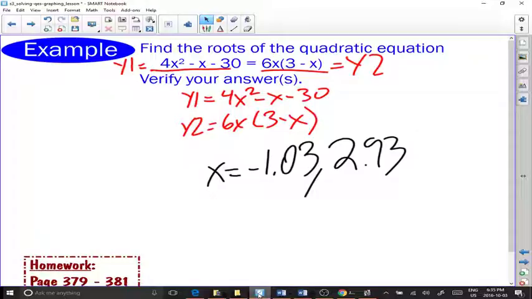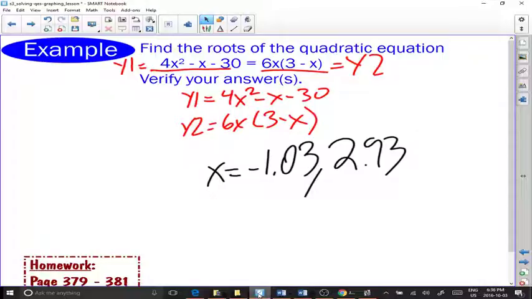Now, what does it mean when it says to verify your answers? How do we verify the answers? Well, what you would need to do is plug in both of those x values for x and see if you get left side equal to the right side.